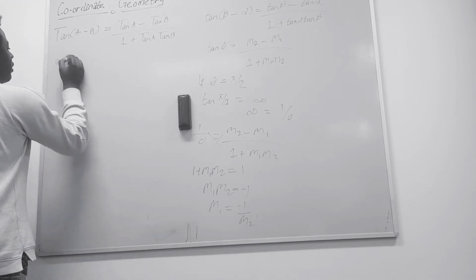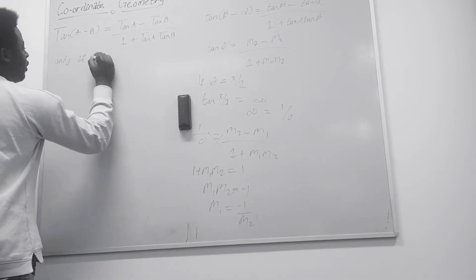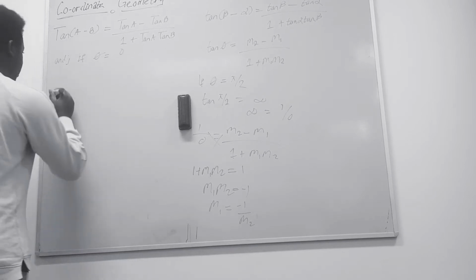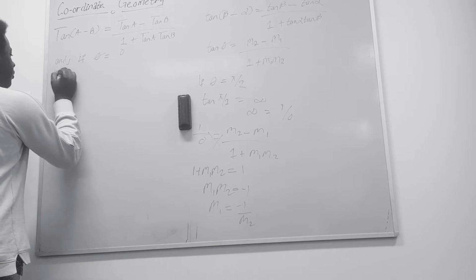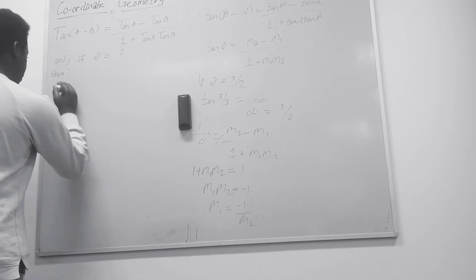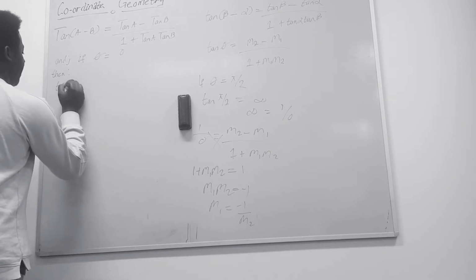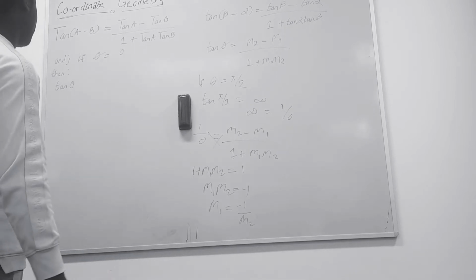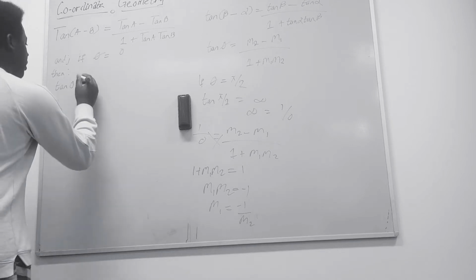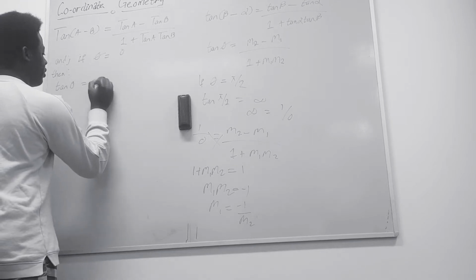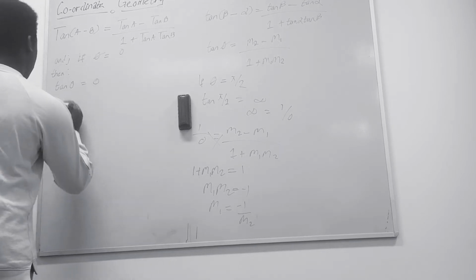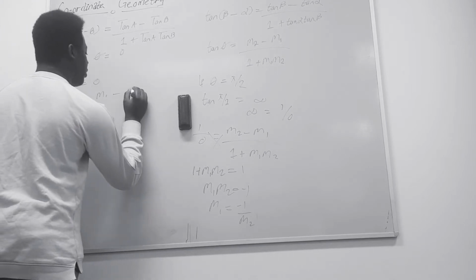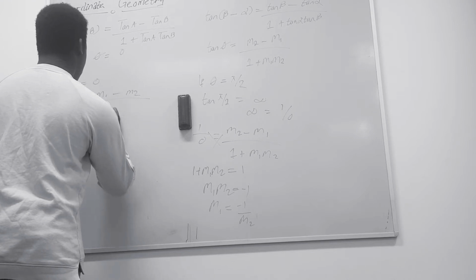And if phi is equal to 0, then tan of 0 will be sine 0 divided by cos 0. That's equal to 0. So we have 0 divided by 1 is equal to m1 minus m2 divided by 1 plus m1 m2.